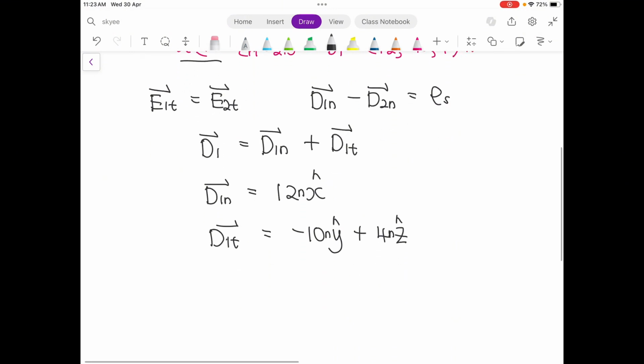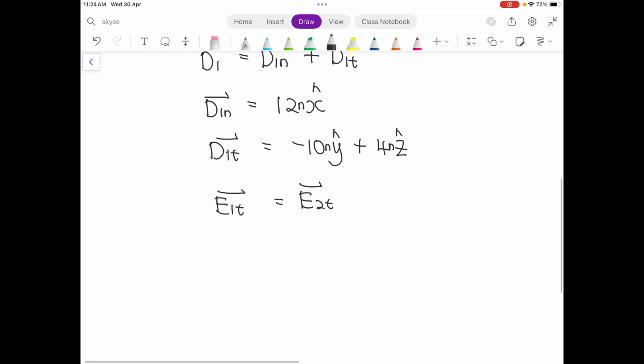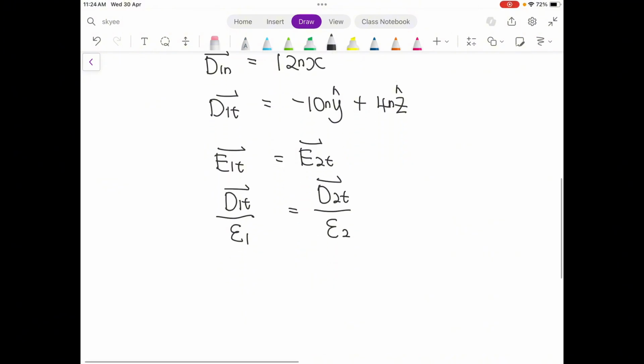So let's apply the first one. Since we have the D, I'm going to convert this to equations. This will be D1t over epsilon 1 equals D2t over epsilon 2. This is the first boundary condition.